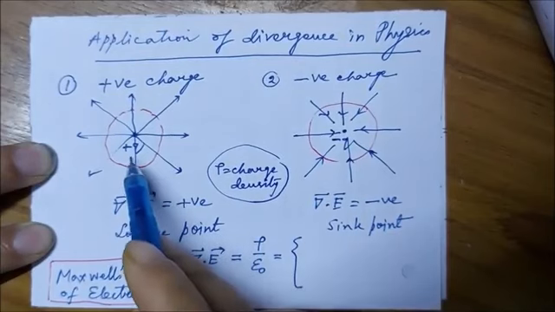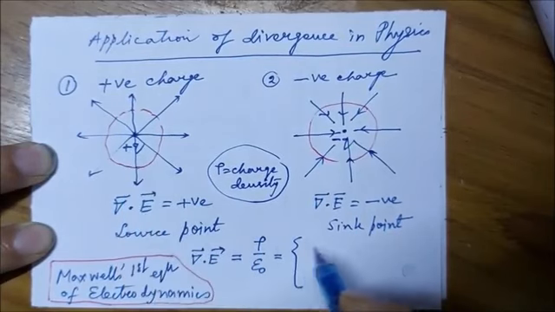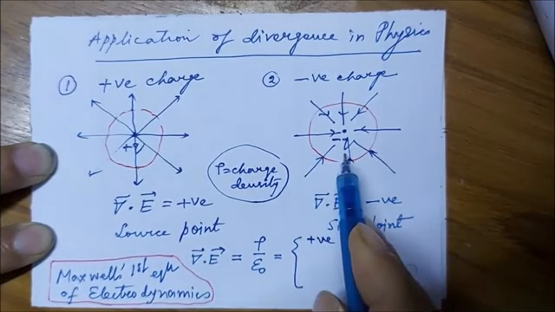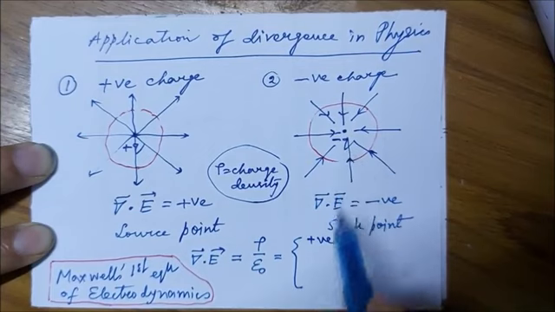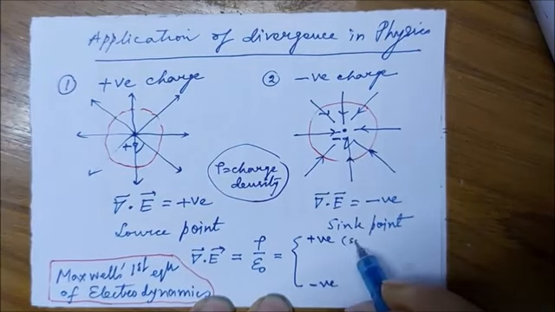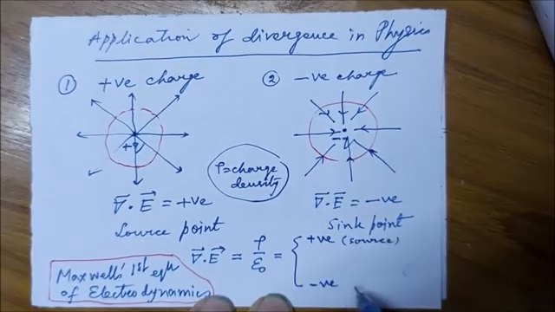In this case, we have a positive charge, so rho is positive. In this case, rho is negative because we have a negative charge. So this is a case of source and this is a case of sink.